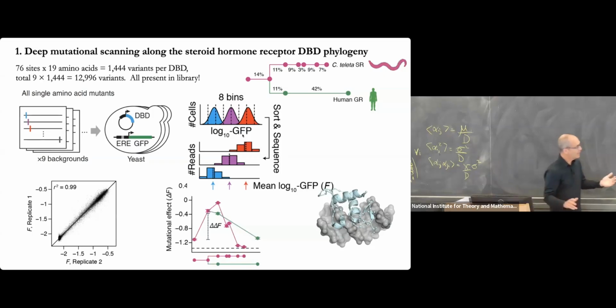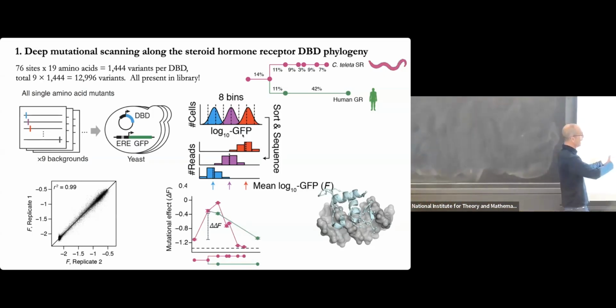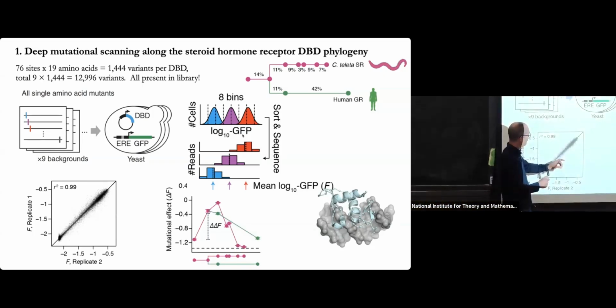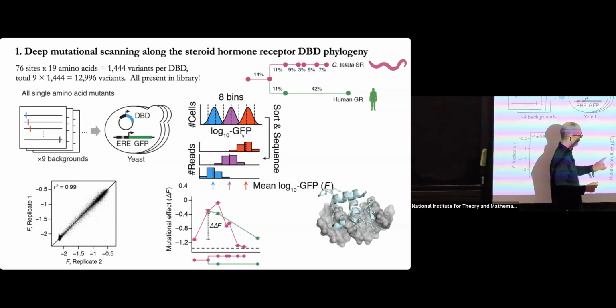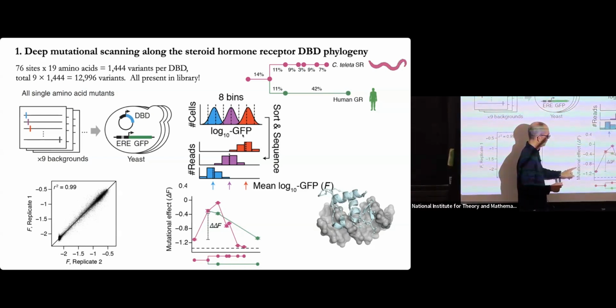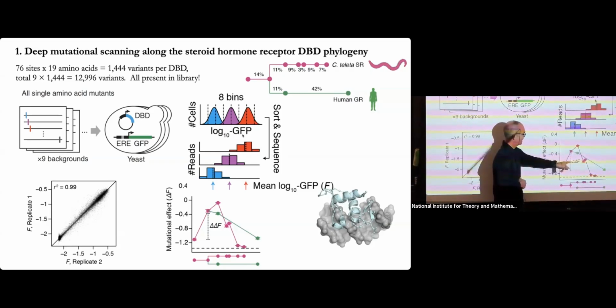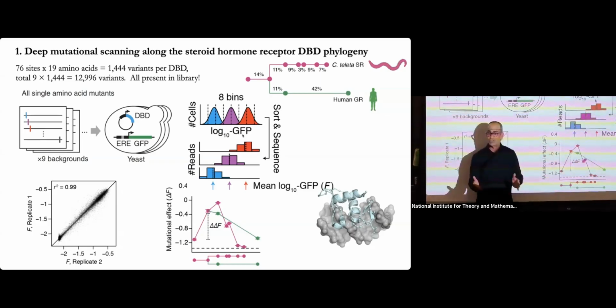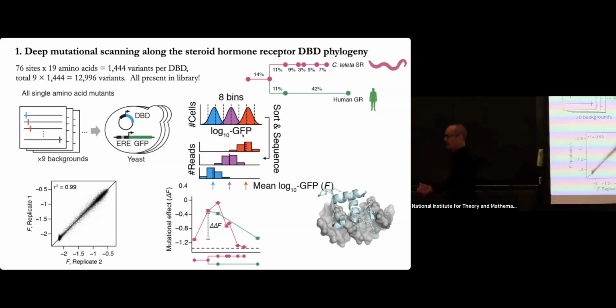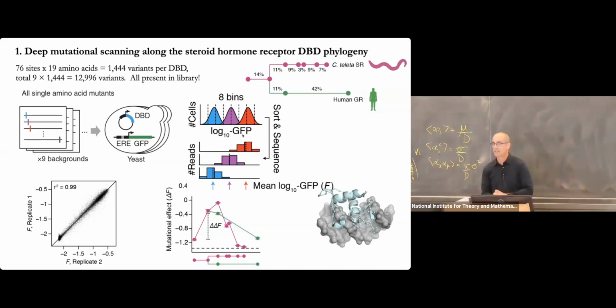So what this does is it lets us take, for any variant in the library, its phenotype relative to the wild type. That's its change in function, and then across any interval of time, we can calculate the change in function. That is the change in the effect of the mutation.